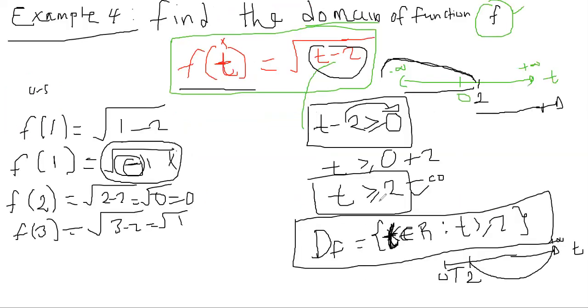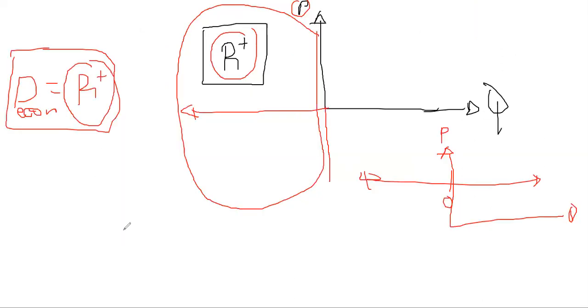In application, there are sometimes restrictions whereby the domain can only be positive real numbers. For example, price can only be positive, and quantity can also only be positive. So for a demand function, the domain normally is positive. But the question will make it clear to you whether there is a restriction or not.